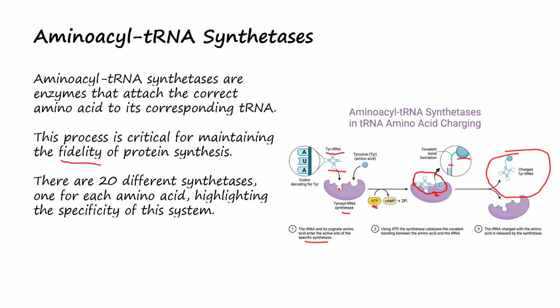So ATP is consumed. After the reaction is completed, you will have your charged transfer RNA, and then you will have your free enzyme. The transfer RNA charged with the amino acid is released by the synthetase enzyme. So this is how aminoacyl transfer RNA synthetases charge transfer RNA for the translation process.